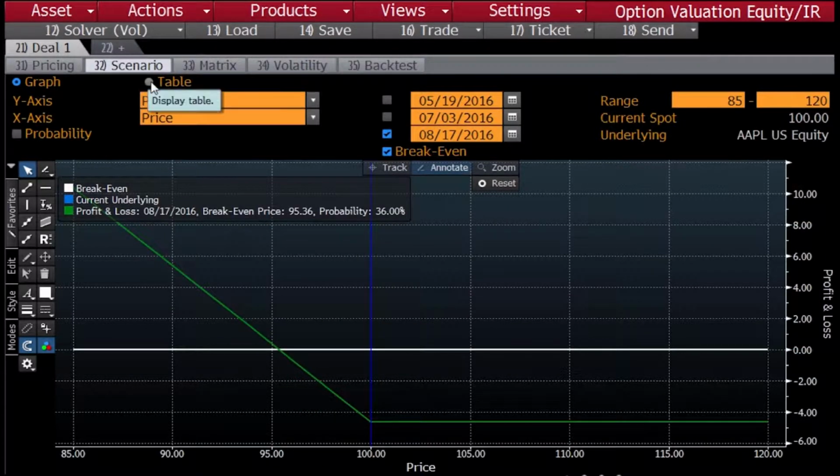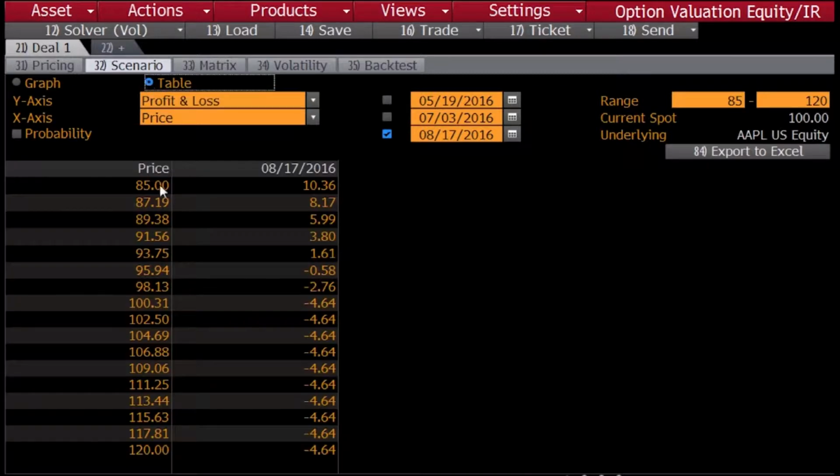Or I can come to the table and I can see that at 85, I have a 10.36 profit. At 120, I have a minus 4.64 loss.